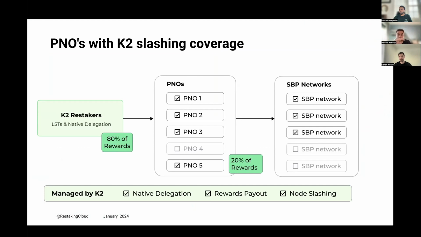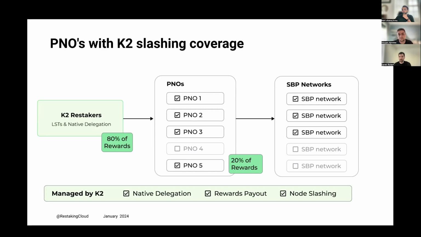A given P&O will be identified by an ETH address. That ETH address will have a liquid delegation balance, which can either be a self liquid delegation or from other users. The more users there are, the more slashable ETH there is in the event that the P&O is not performing well.